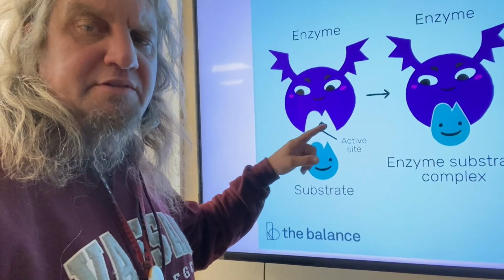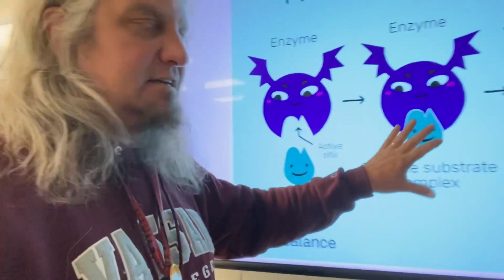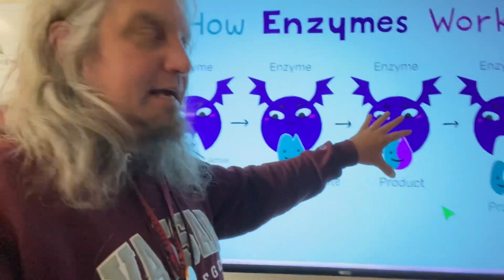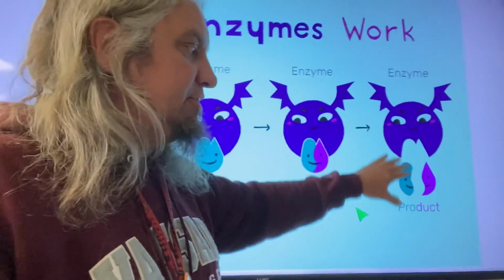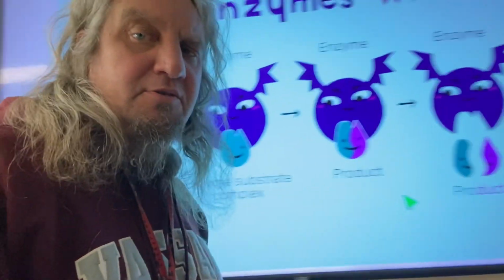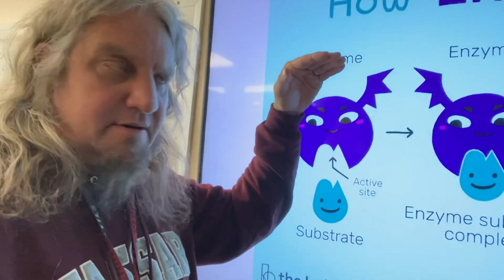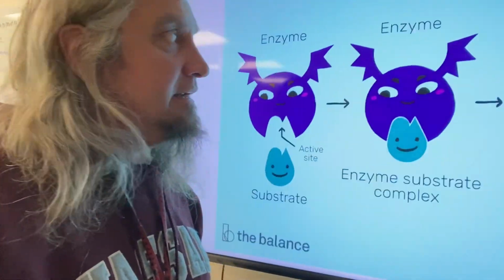Substrate binds to what's called the active site. Then we have the enzyme substrate complex. Then the chemical reaction happens, but because of the enzyme, it happens faster, and you wind up with your products. So key terms: substrate, active site, enzyme, products. That's where we're at.